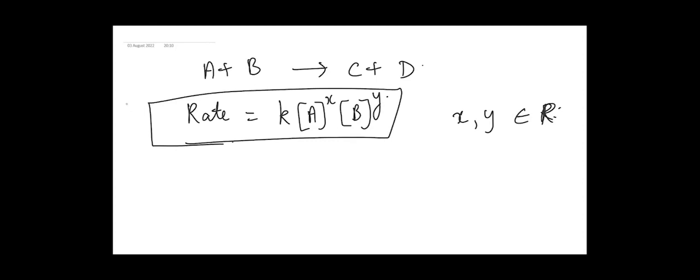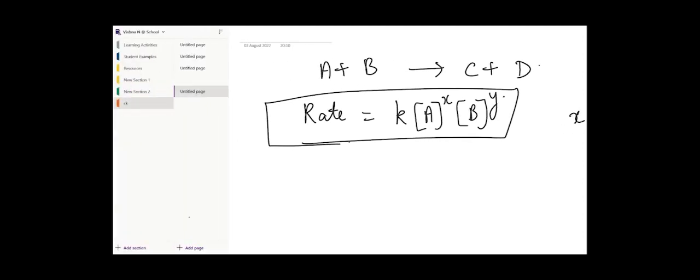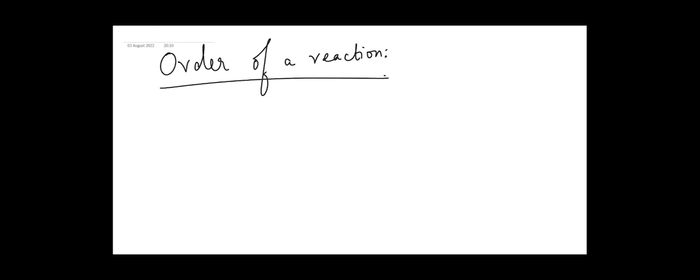So this is basically the rate law. Now we can look into the order of a reaction. So what basically is the order of a reaction? Order of a reaction is nothing but the power of the reactant concentration.